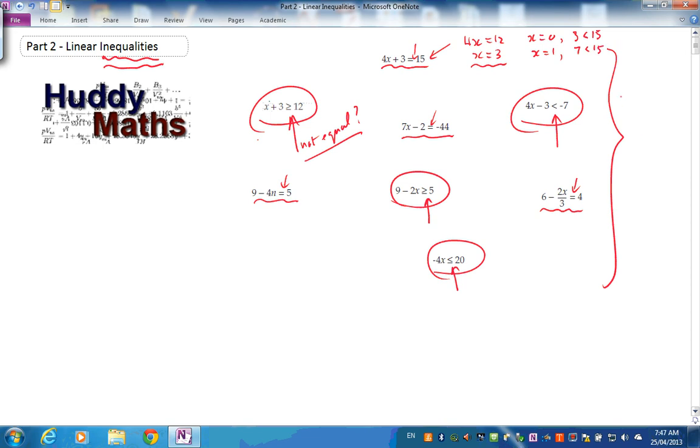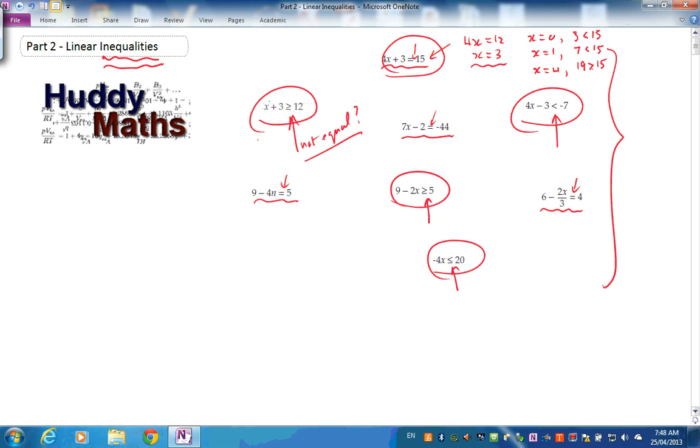So can you see, equations have one particular solution. Most x values, when you put them in there, are going to give you a bigger or smaller answer than that 15. Let's try another one. Let's try x is 4, and in that equation you get 19, and that is bigger than 15.